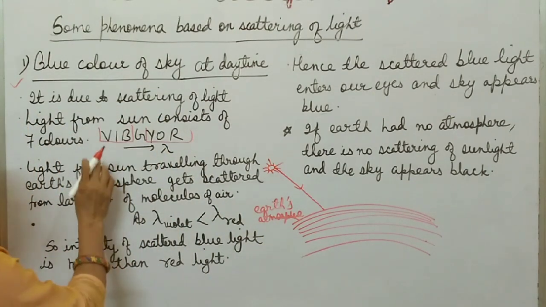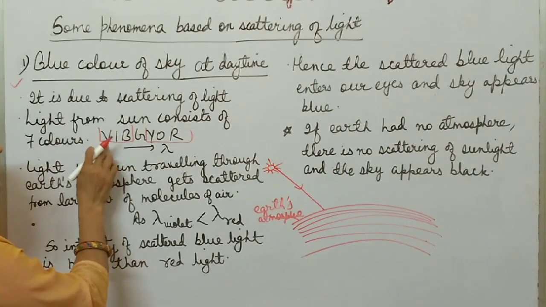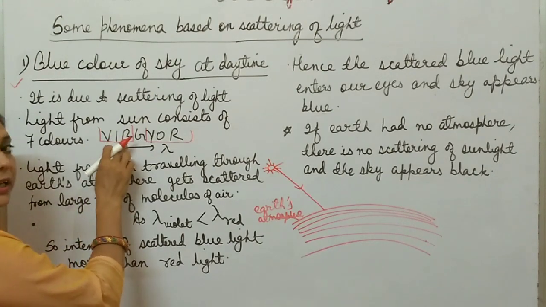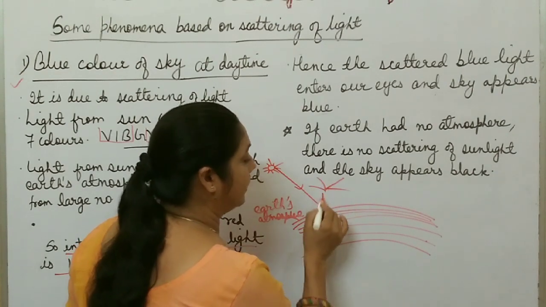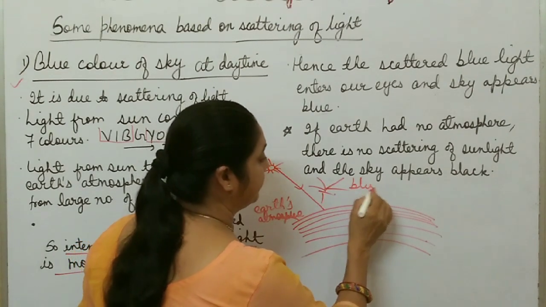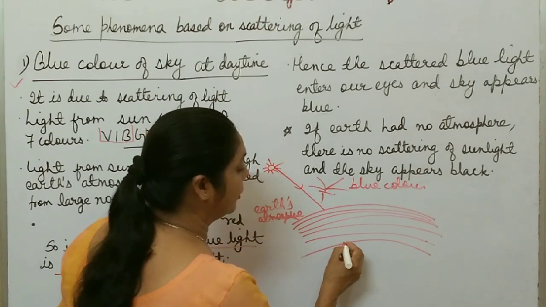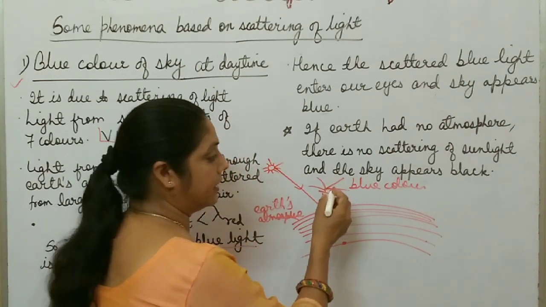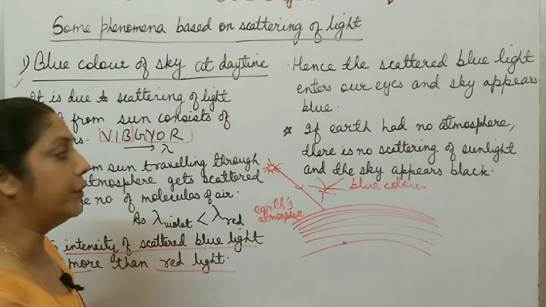It means wavelength of violet color is less than wavelength of red color. So intensity of violet, indigo and blue color is more. That's why in the sky blue color is scattered in all possible directions. When the observer observes the scattered light in the sky, it appears blue. That's why the sky appears blue during daytime.